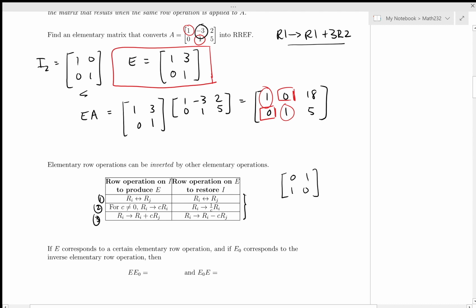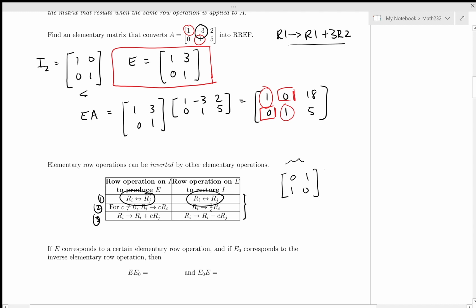Okay, that elementary matrix, when I apply it to some matrix A, will switch rows 1 and 2. Now, if I want to restore this matrix, I'm being told what to do. So this is the original operation, switch rows 1 and 2, and then it says do it again.